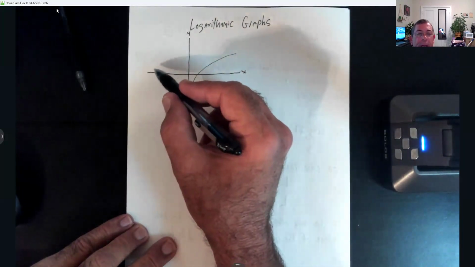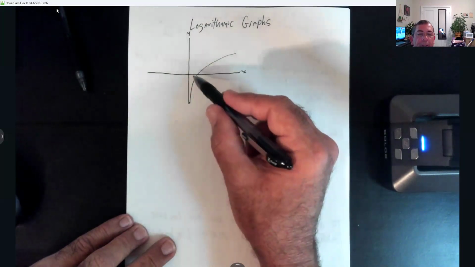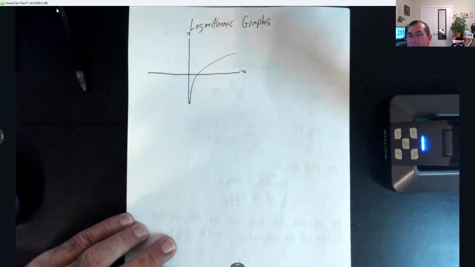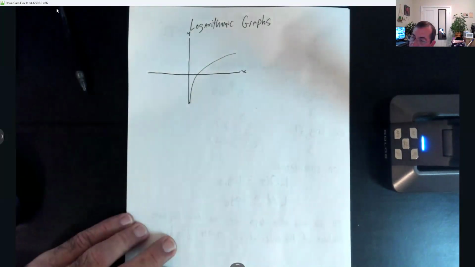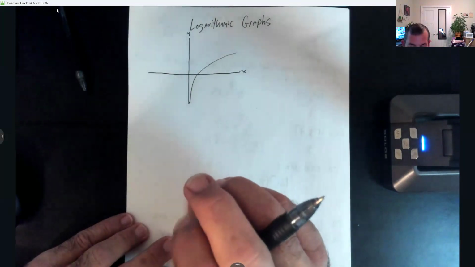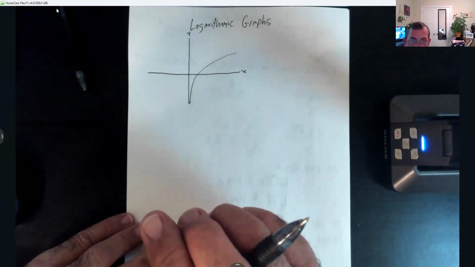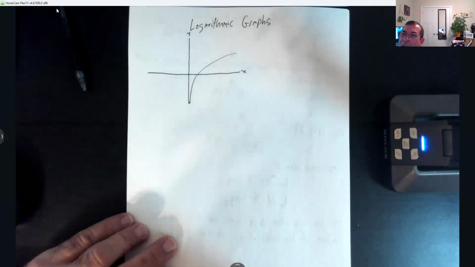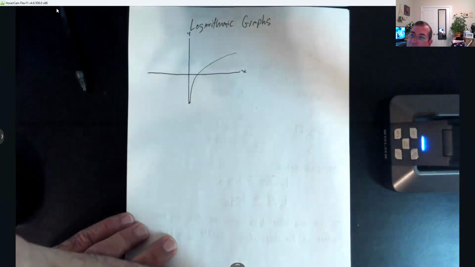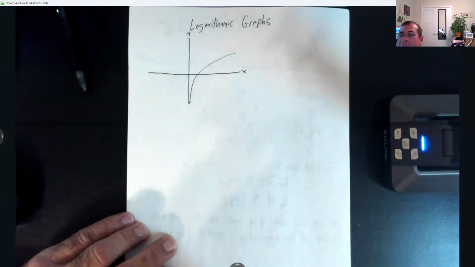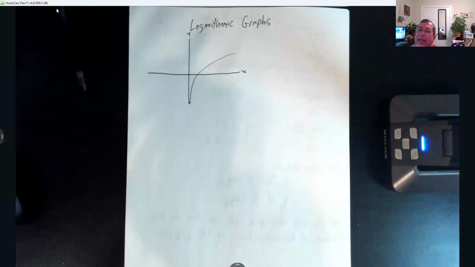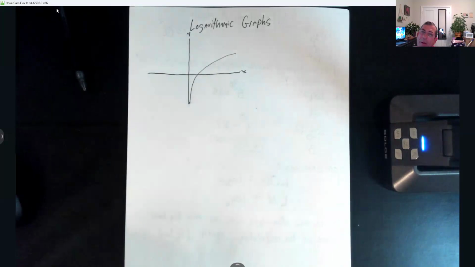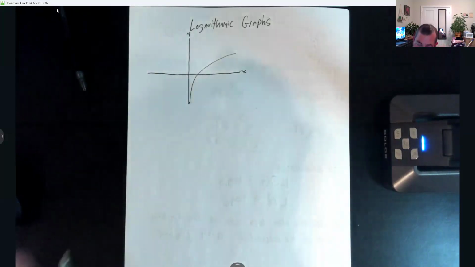Okay, remember the exponentials came along and went up. These ones do not cross over the y-axis. Because think about this. There's no exponent that can turn a number into a negative number. So if I got a base, I can't turn that base into a negative number by using exponents, okay? Because you got to remember, we're looking at exponents when we do the log graphs.